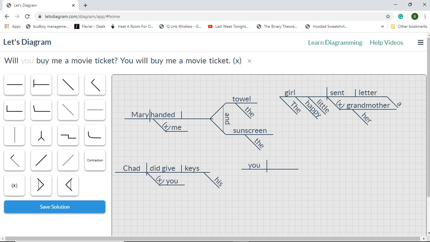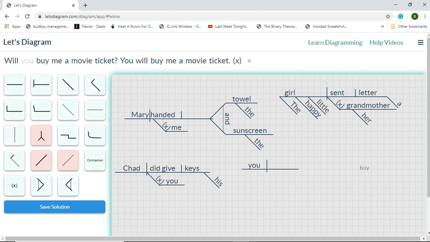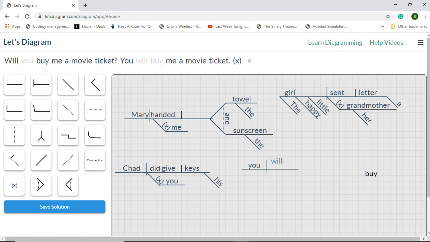And what is our verb? Well, our verb is he's buying it, so buy is the main verb. Will is a helping verb, so will buy is the verb phrase for this. You will buy me this. You will buy. Okay. And what are they going to buy? What is our direct object? We're going to be buying tickets, so our direct object is ticket.